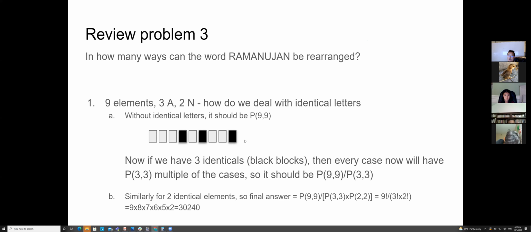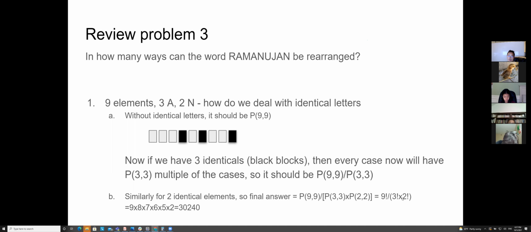So this will be the answer to deal with the identical letters in this case. Similarly, if you have 2 identical elements, it's just going to be divided by P22. So for this problem, we want to use P99 divided by P33 divided by P22, which is 9 factorial divided by 3 factorial times 2 factorial.